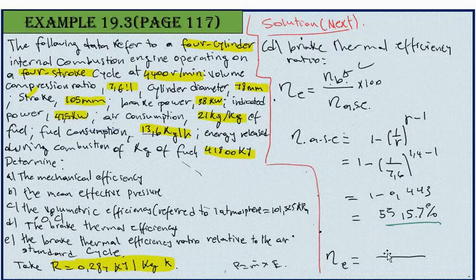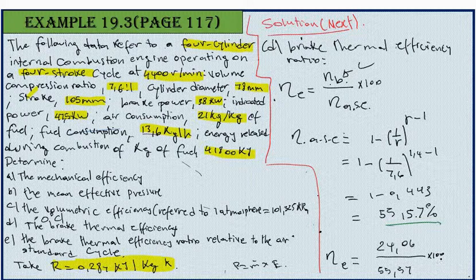So I have 24.06 divided by the air standard thermal efficiency, which is 55.57. I need to multiply by 100. If I do that, I'm going to get the value here.